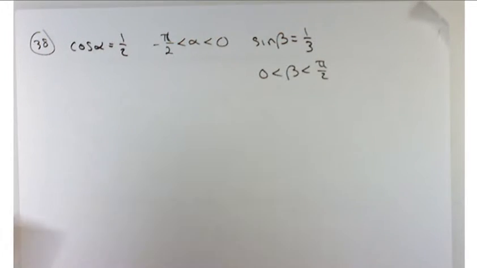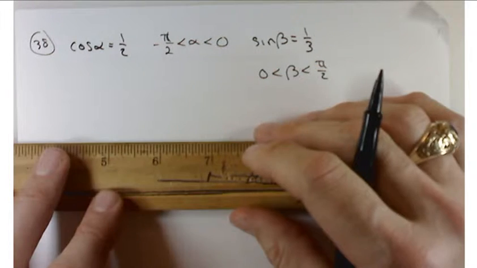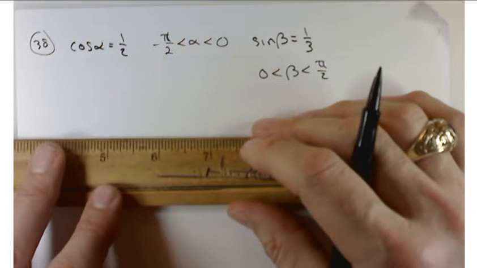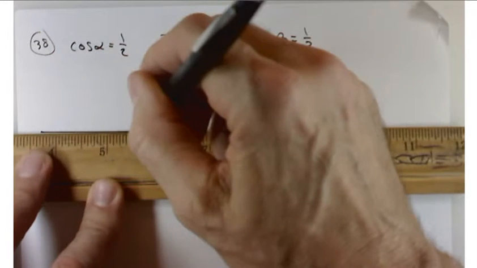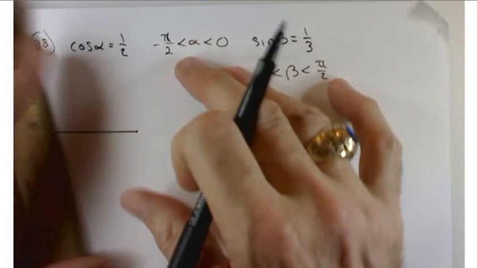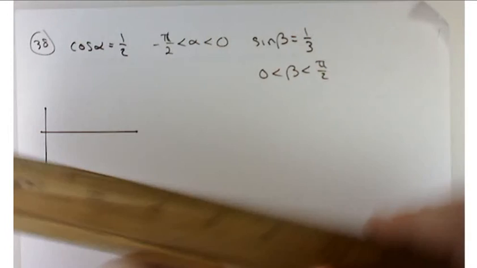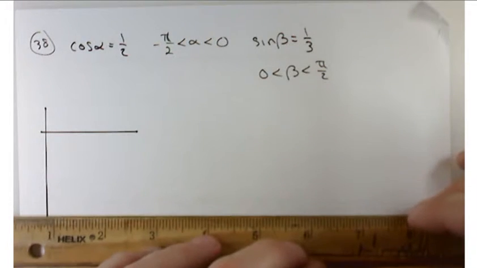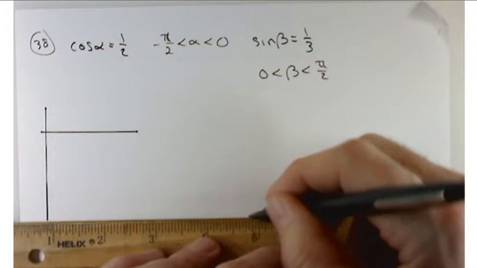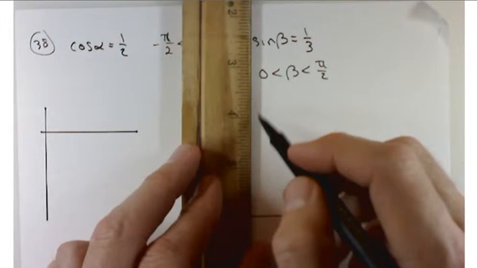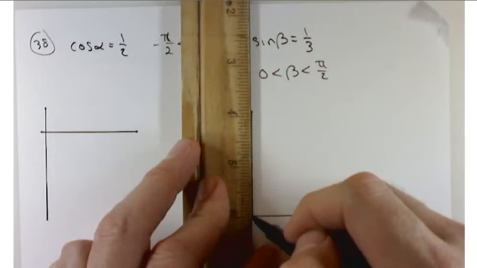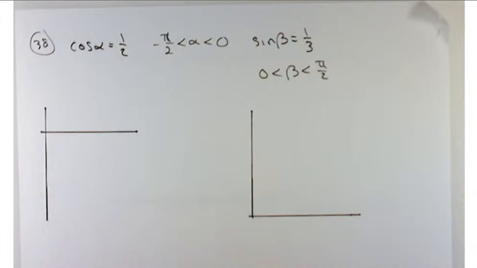So let's draw those respective angles. I'm not sure, you guys have probably looked at last year's test more recently than I have. Did I also draw like triangles or axes here for you for these problems?